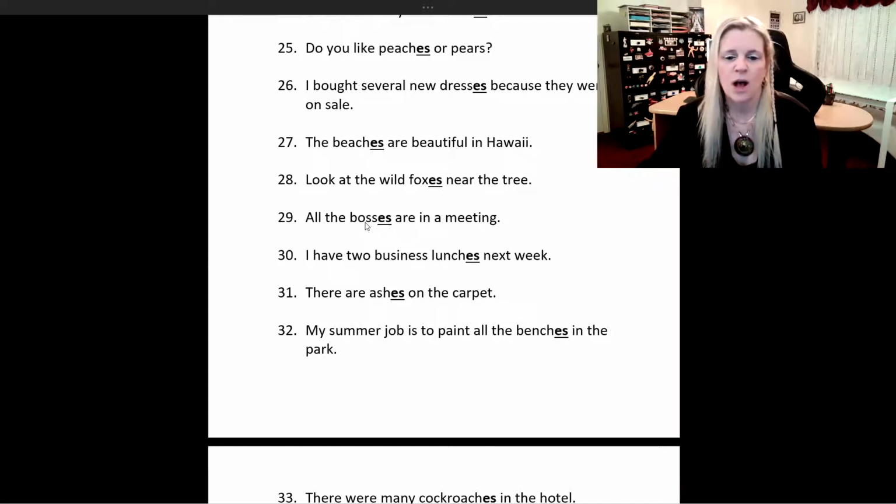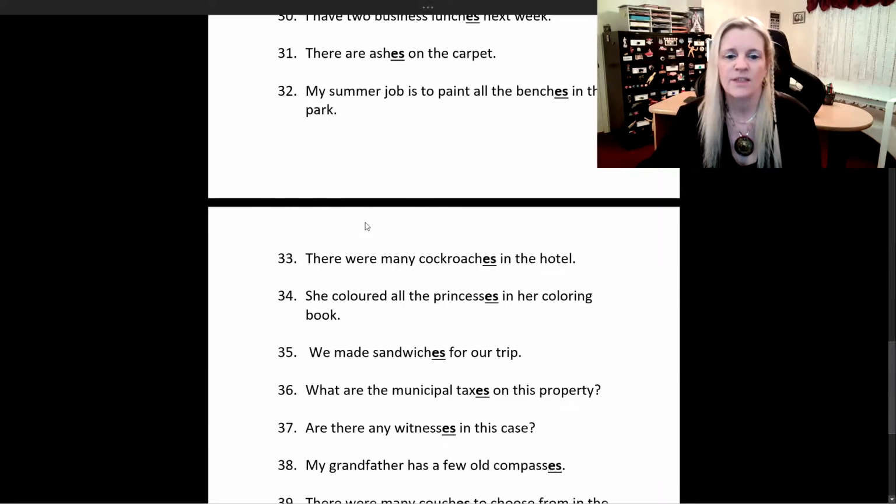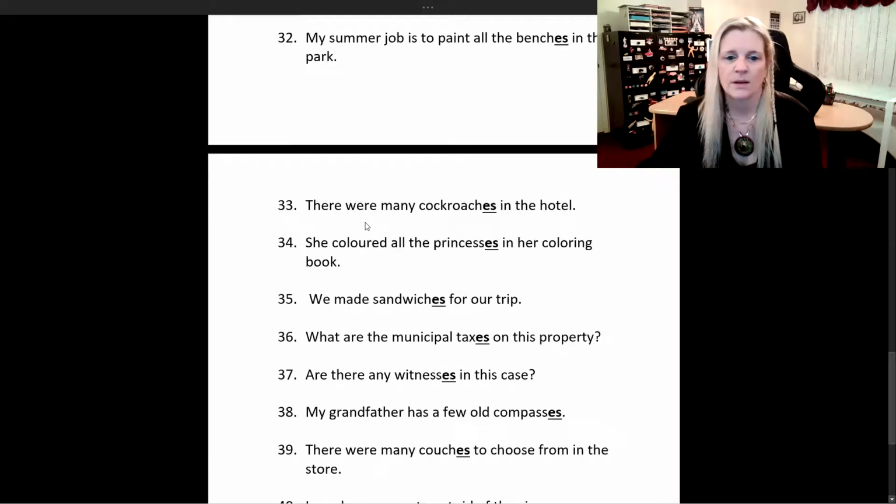My summer job is to paint all the benches in the park. There were many cockroaches in the hotel. She colored all the princesses in her coloring book. We made sandwiches for our trip. What are the municipal taxes on this property?